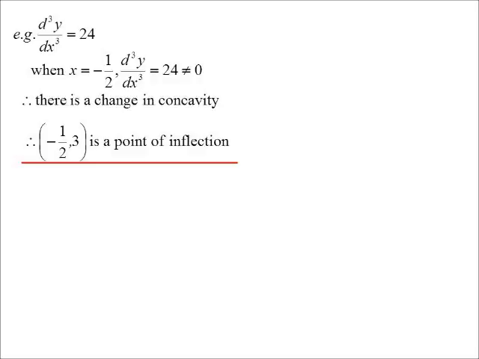Imagine if I'd drawn y equals x to the power of 4. Basically it's got that U shape. So, first derivative, 4x cubed. Second derivative, 12x squared. Third derivative, 24x.